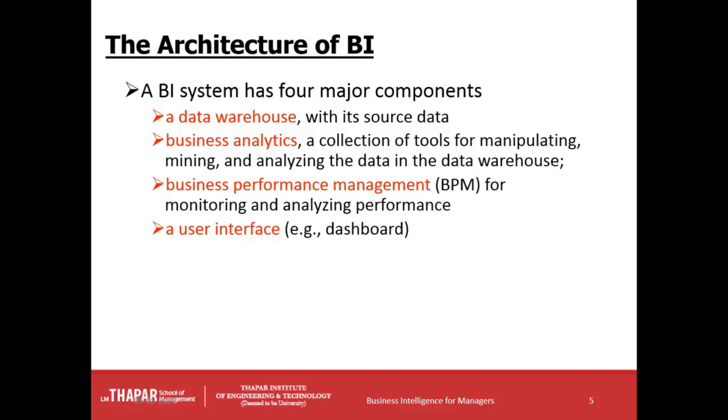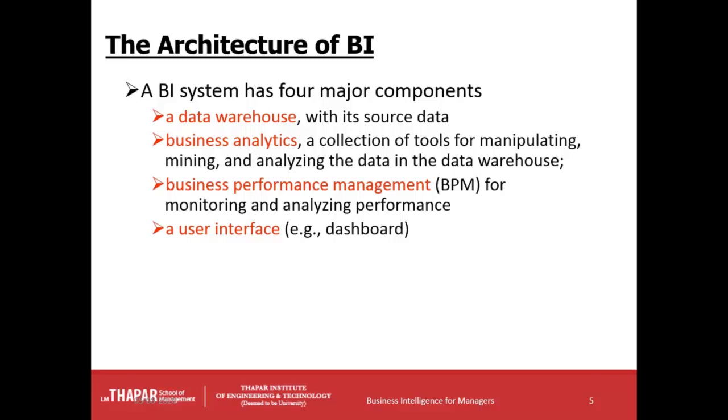In case we're talking about business intelligence, it will always have a business performance management context associated with it, whereas a decision support system may or may not have the business performance management context associated with it. So this is the key differentiator as far as decision support systems and business intelligence is concerned.